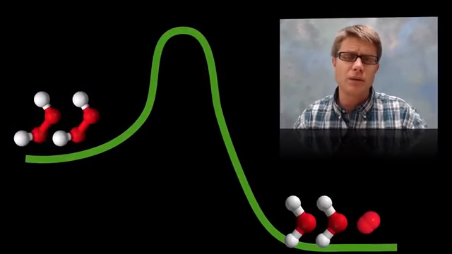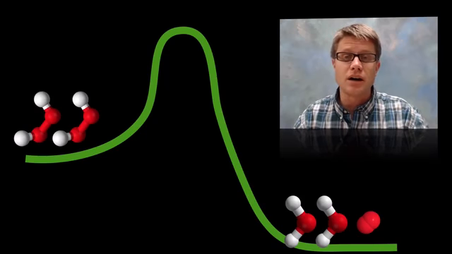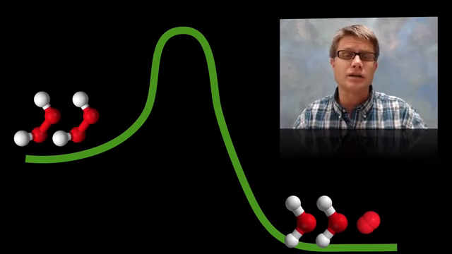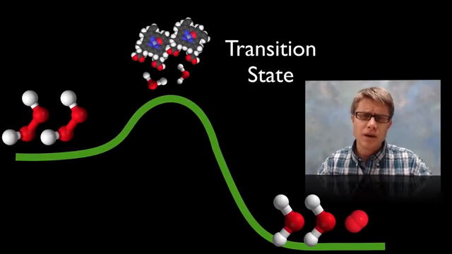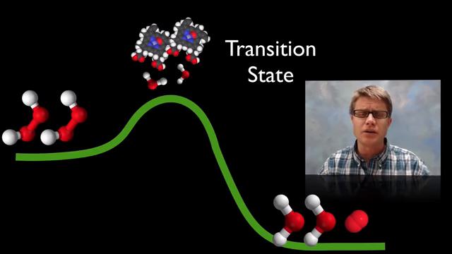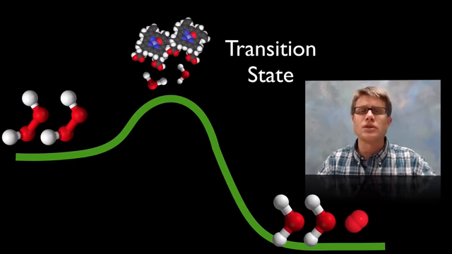So how does it do that? If we look at the reactants on the left, that's going to be hydrogen peroxide, and the water and oxygen on the right, we see that we have to get through a large activation energy. And so what does catalase do? Well, scientists think there's a heme group in the middle of it, and that means it's just a number of atoms, but it's got iron right in the middle. And what that iron's acting to do is to pull one of those oxygens away.